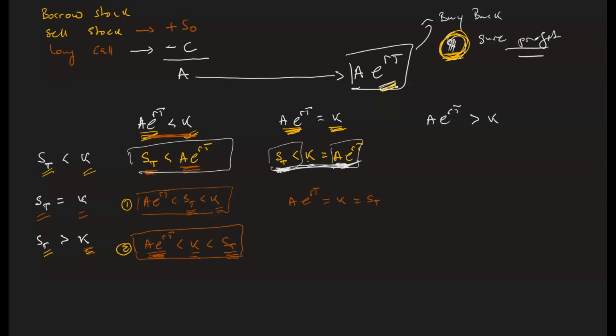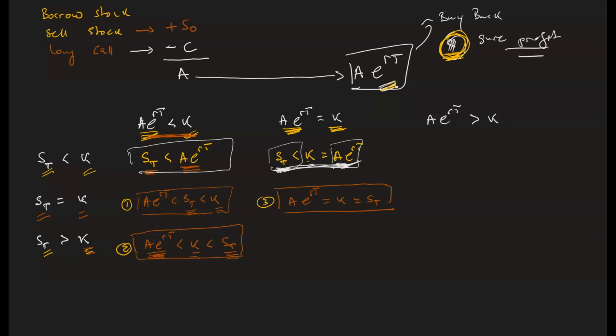At that point, we may be able to buy back the stock and return it, but there will be no arbitrage opportunity, because there is no sure profit. The outcome there is equal to 0. Arbitrage by definition suggests that we can make a sure profit with no investment of ours. So there's no investment of ours, but we don't make any money. So there's no arbitrage opportunity here as well. That's going to be our third scenario.